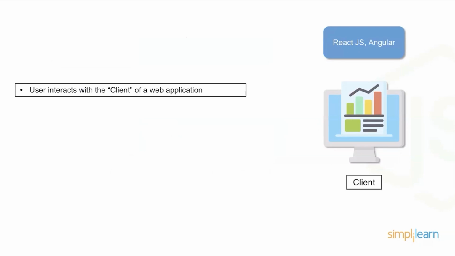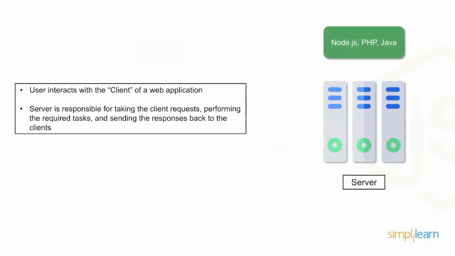You have this client-side framework that provides the hook into the web browser, whether it's a mobile web browser or a desktop web browser. The server is then responsible for taking those requests that are coming from the browser and interpreting them. And so on the server, you're going to run Node.js, you're going to run it alongside PHP and Java.